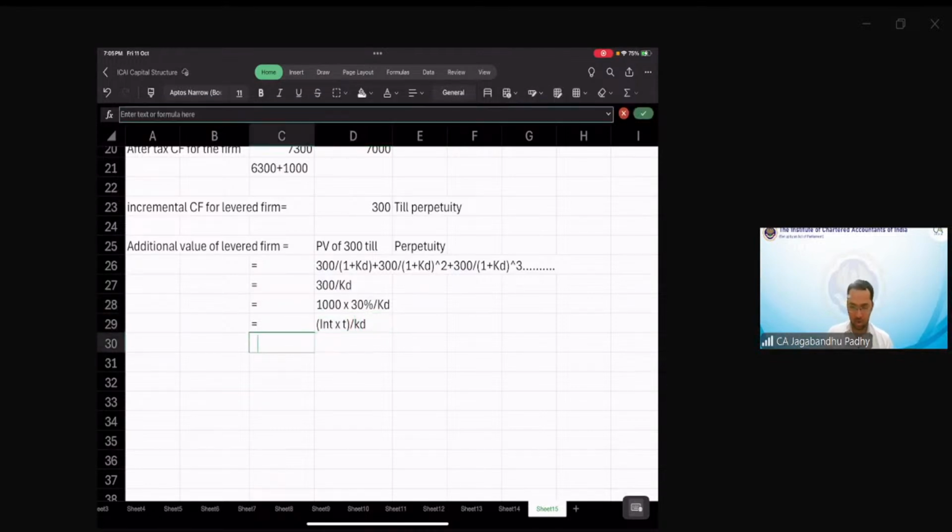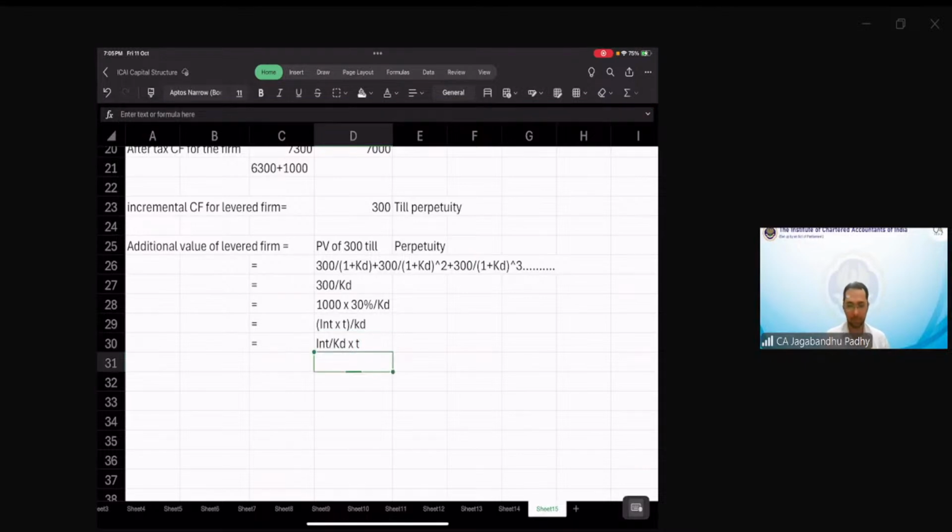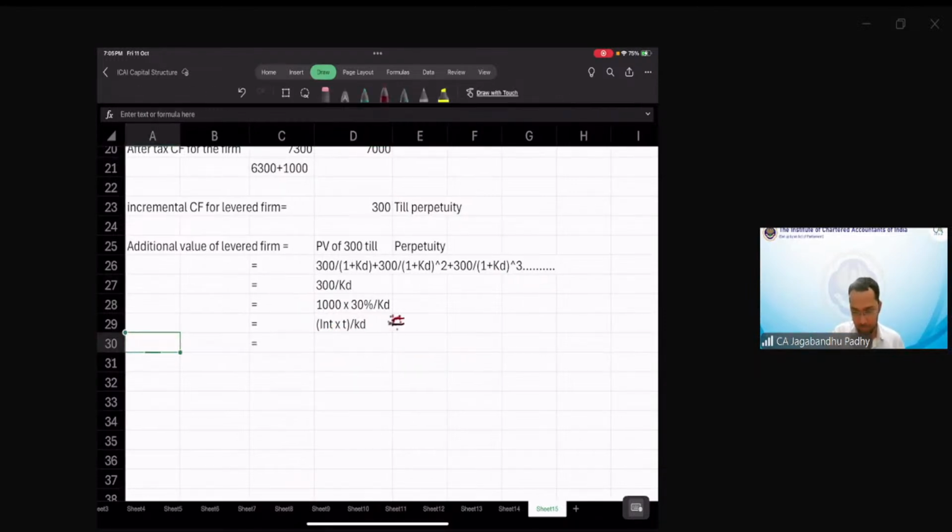Okay. Now, if I just rearrange these terms, can I say this is simply interest by KD multiplied by T. So we are just rearranging this, or I can say it is interest into tax rate by cost of debt.